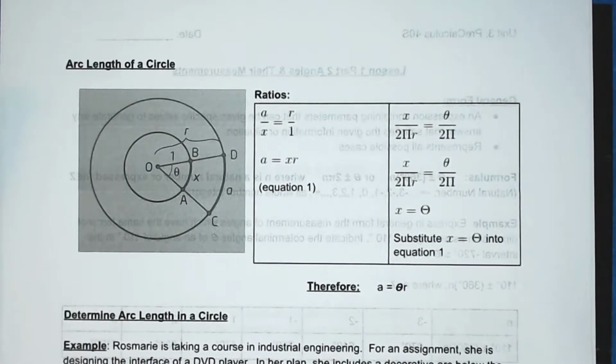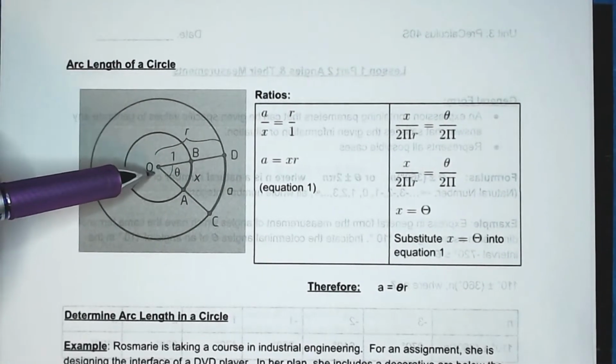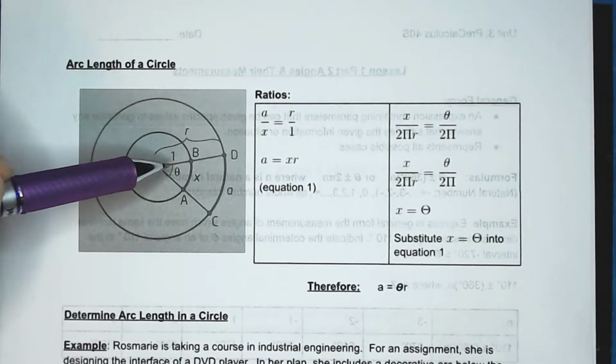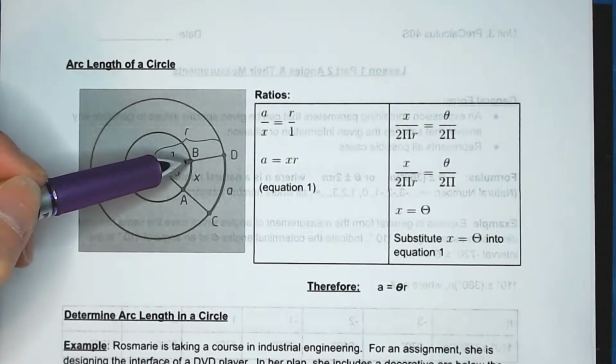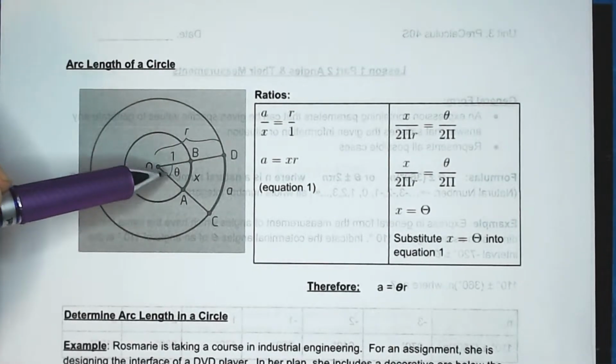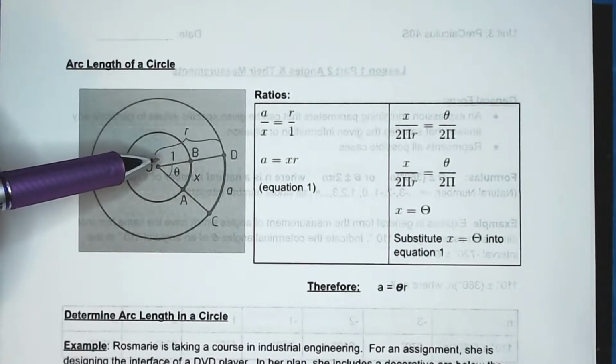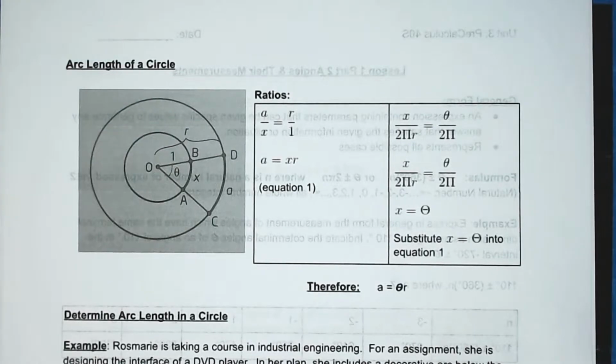So we have two concentric circles with center O. So your O is right here. The radius of the smaller circle, from here to here and here to here, is valued at 1. And the radius of the larger circle is r. We don't know how long that radius is.